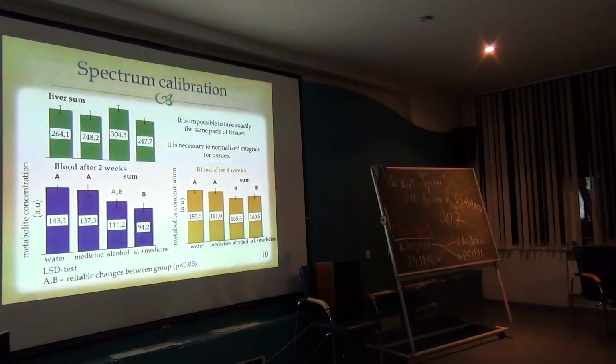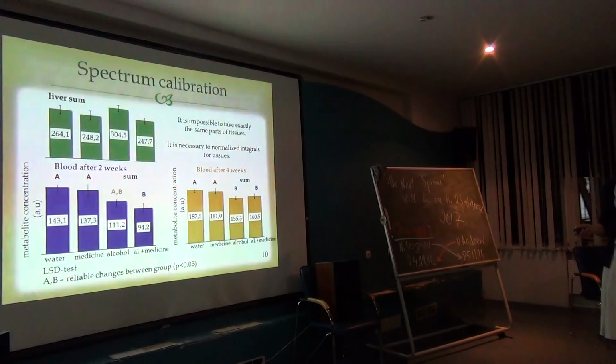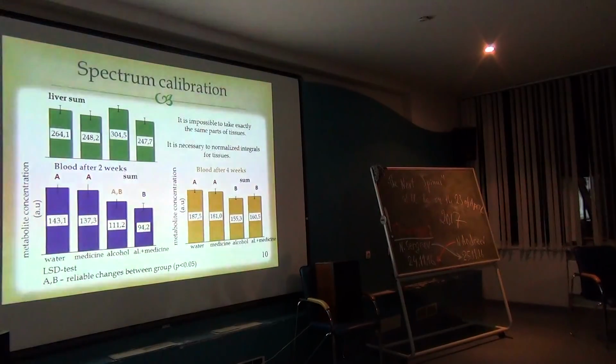But blood sample preparation allows us to take exactly the same volume of blood, and maybe it can reflect deeper effects. Like this, we can see that with alcohol and alcohol plus medicine the sum of all detectable metabolites decreased. So these are the test and reliable changes.